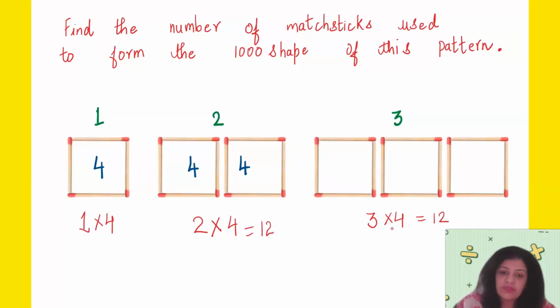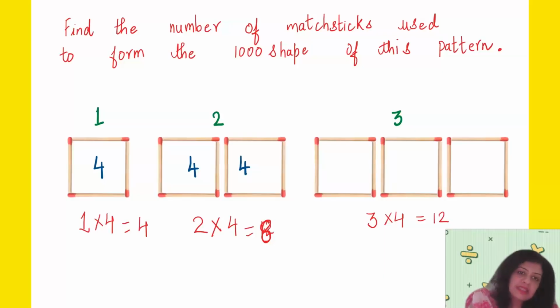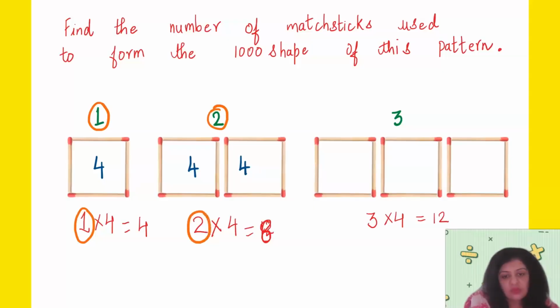So let's try to find a relationship between the number of matchsticks and the figure number. We can clearly see the figure number is the same as the number of groups of 4. For the first figure it is 1 group of 4, for the second figure it is 2 groups of 4, and for the third figure it is 3 groups of 4.